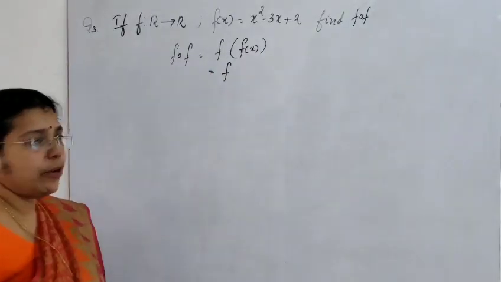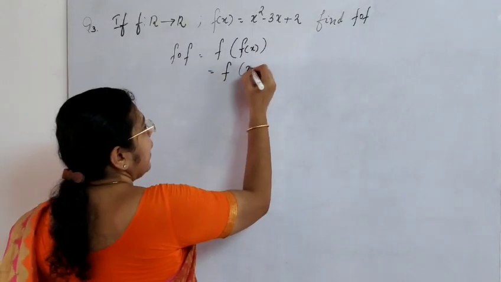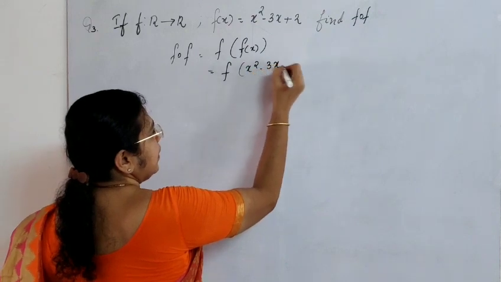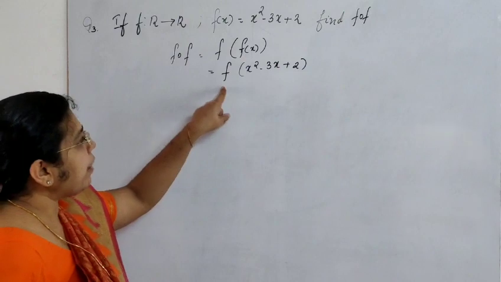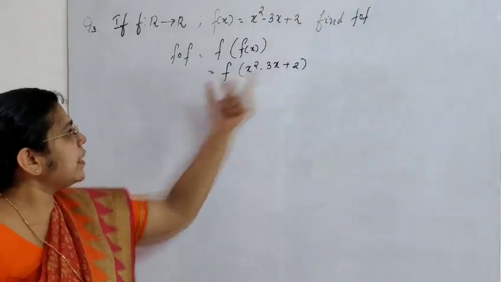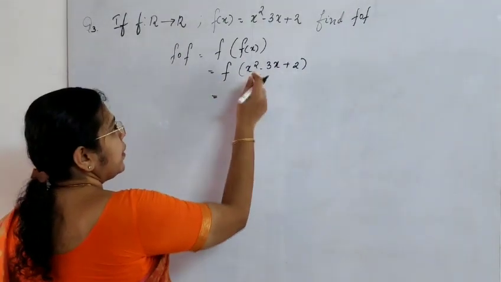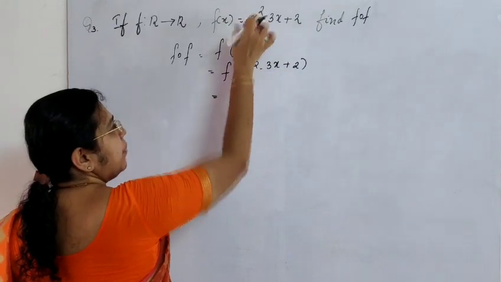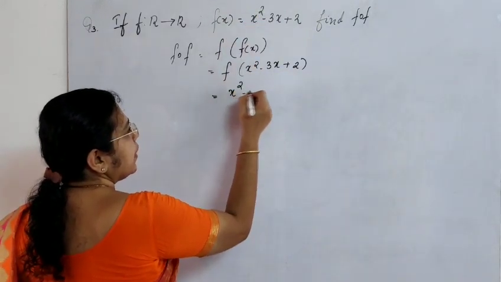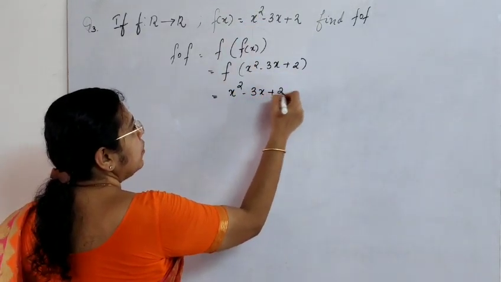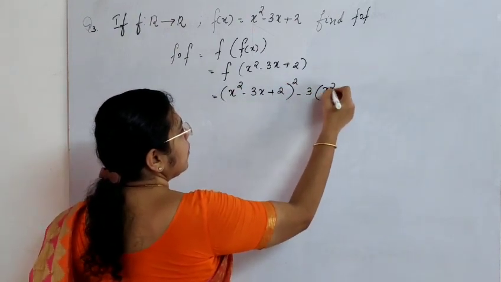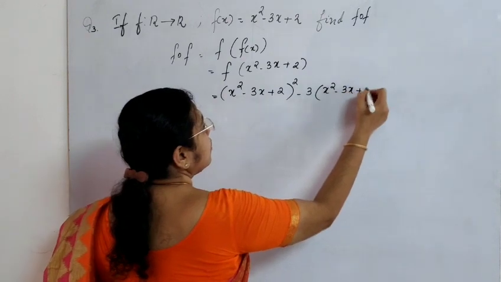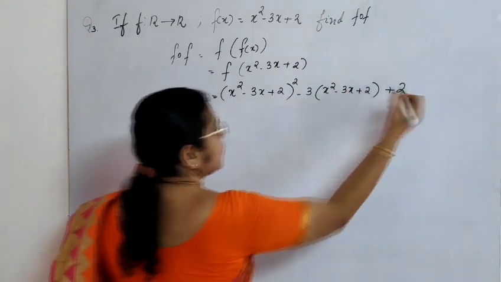What is f of x there? x square minus 3x plus 2. Now f of this expression: substituting this expression in the place of x, I get x square minus 3x plus 2, the whole square, minus 3 times x square minus 3x plus 2, plus 2.